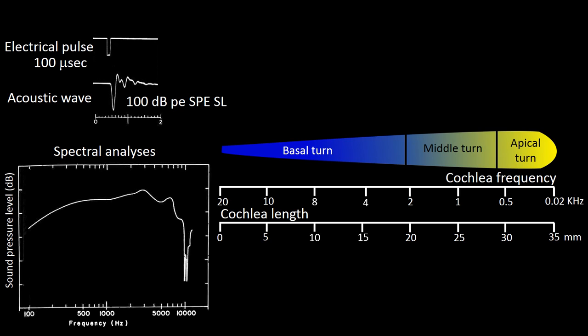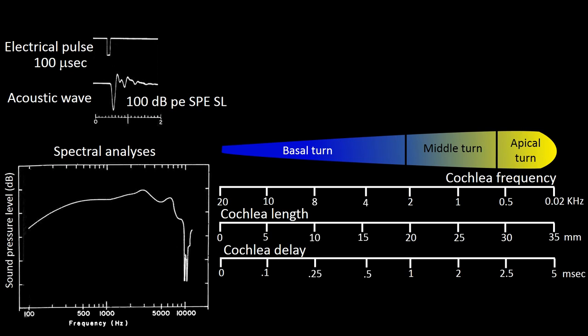As you can see, it is 35 millimeters. And now the time it takes for a sound wave to reach the different segments of the basilar membrane, which as you can see can go from 0.1 millisecond to 5 milliseconds.